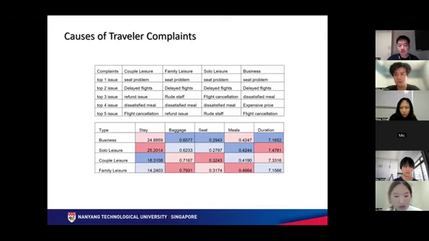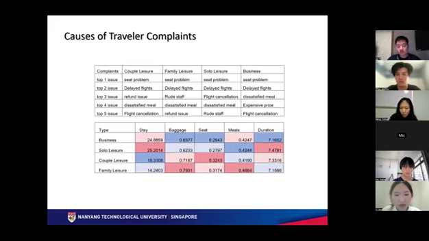Business travelers tend to book in-flight meals in advance, which may explain why they are more likely to complain about the meals. Similarly, family travelers, who also frequently book in-flight meals, have lower average review ratings for food and beverage.